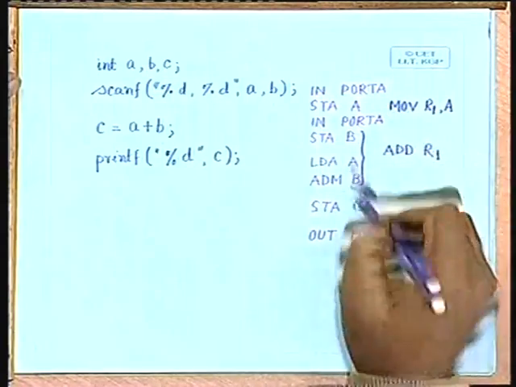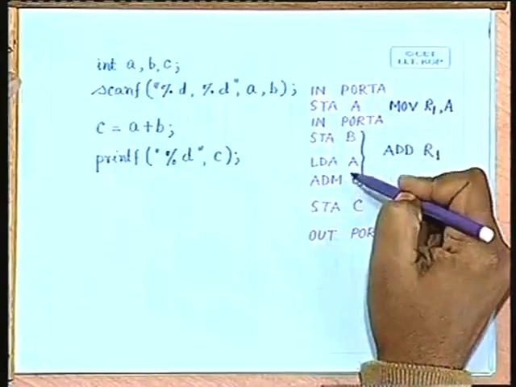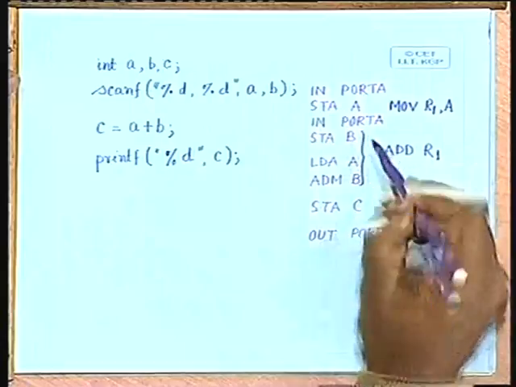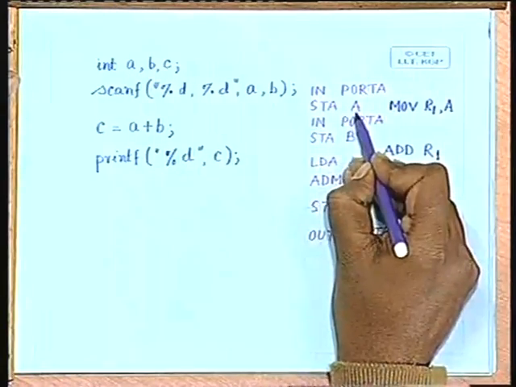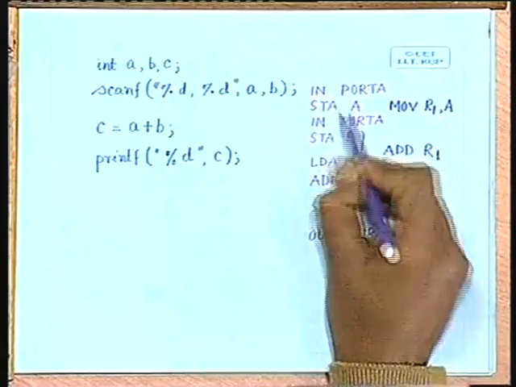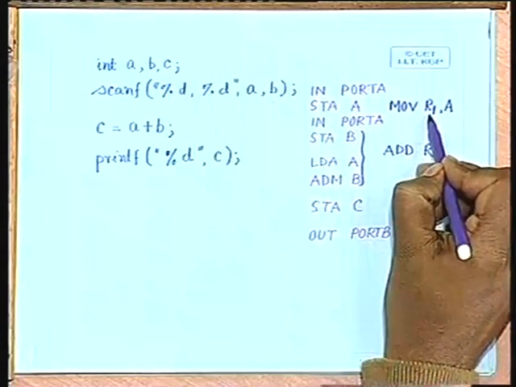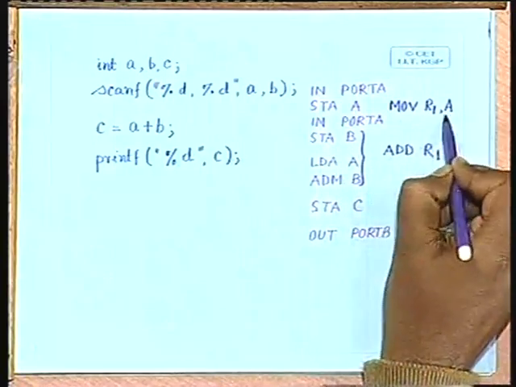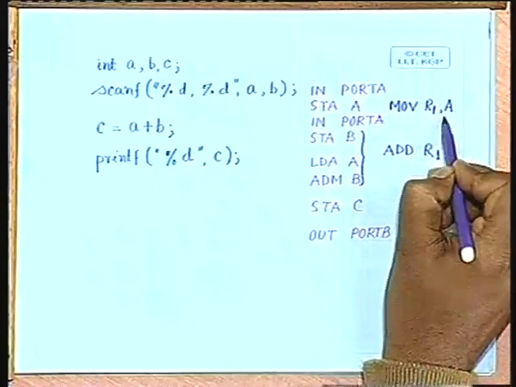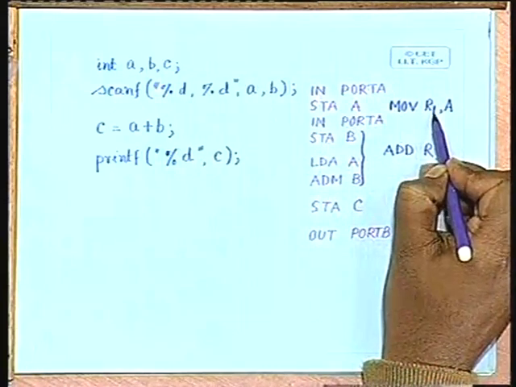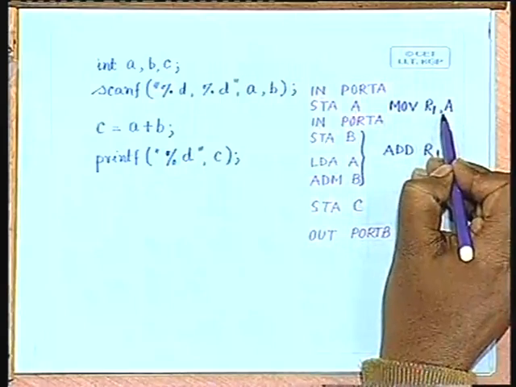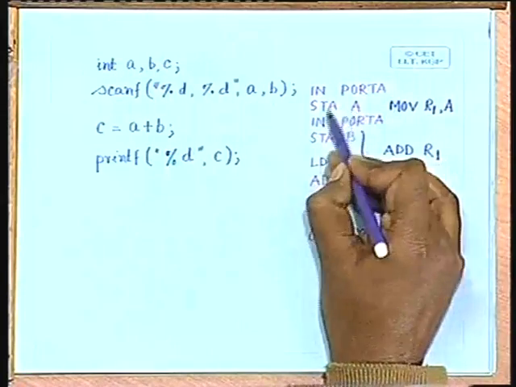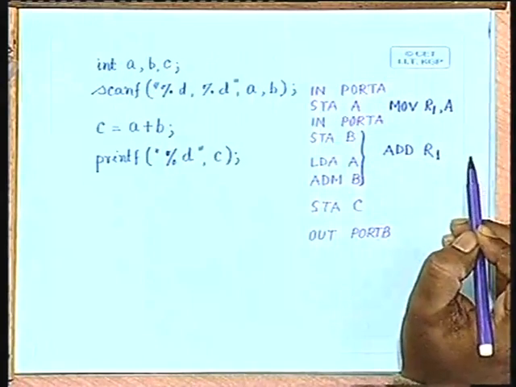So, by doing this, the advantage is I can perform the same task using fewer instructions, and not only that, this operation of moving the data from accumulator to memory has been replaced by the operation of moving the data from the accumulator to another register R1. And here, because both these registers are available in the CPU, the time taken to perform this data movement can be much less than the time taken to move the data from the accumulator to memory, which is actually a memory write operation.